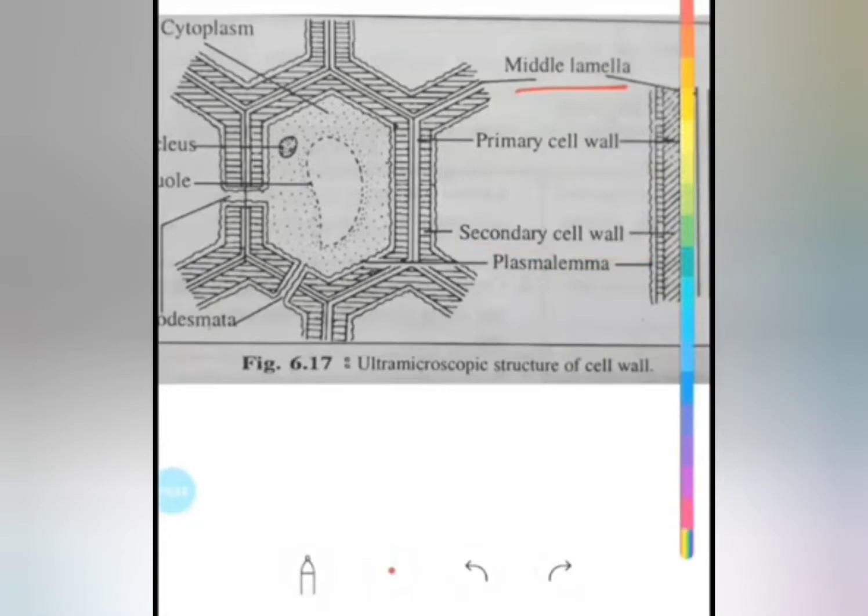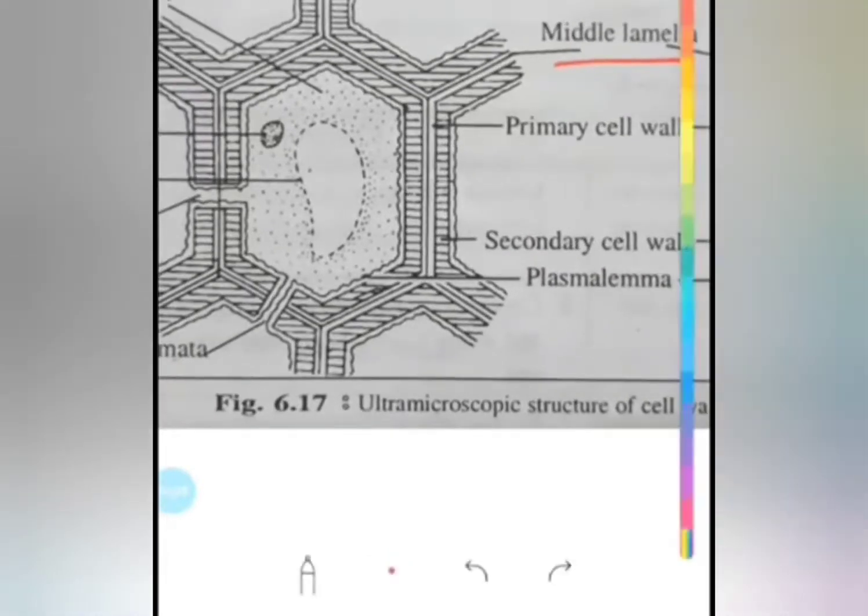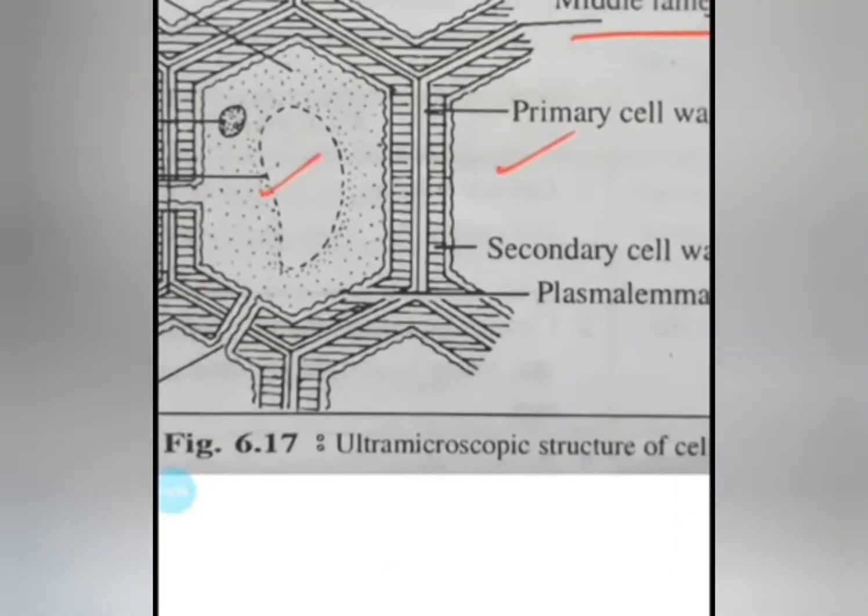It is a comparatively thin, viscous and jelly-like material which is present in between primary cell walls of two adjacent cells. So if this is one cell and this is another cell, the primary cell wall is this layer.